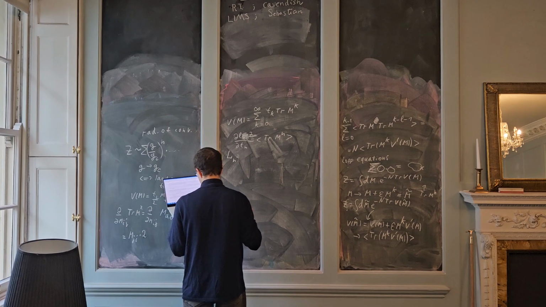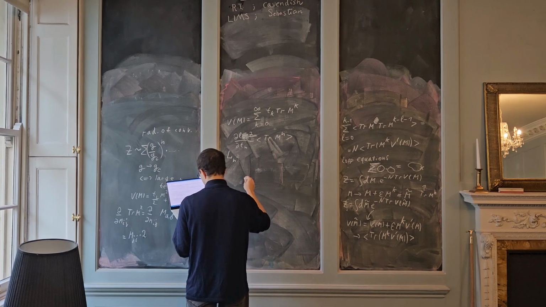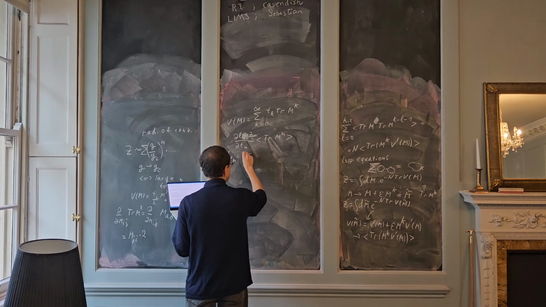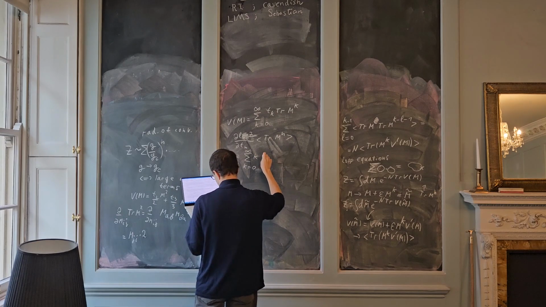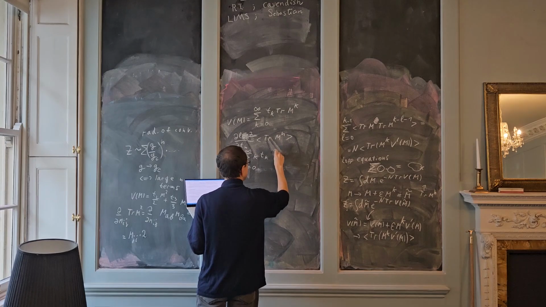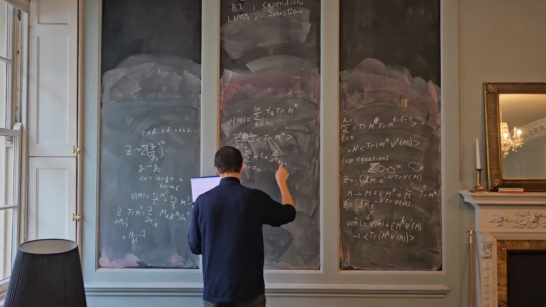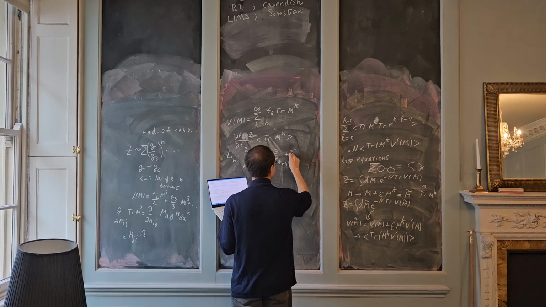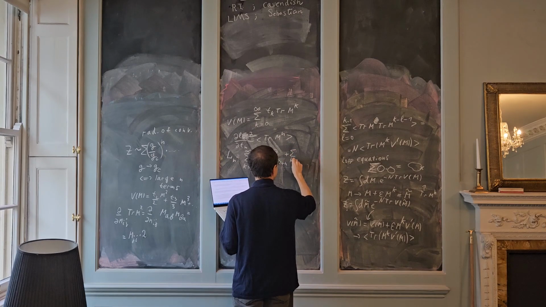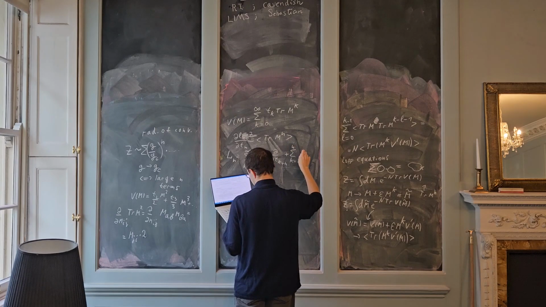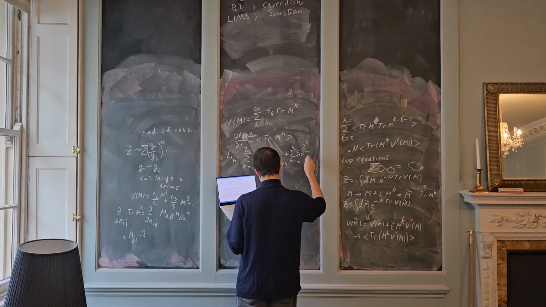So I introduce differential operators L_n, which are second-order differential operators that have a first-order part like this: sum of k t_k d by dt_{k+n}, plus a second-order part, sum over k from 0 to n of d^2 by dt_k dt_{n-k}.